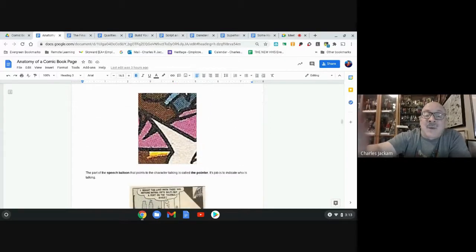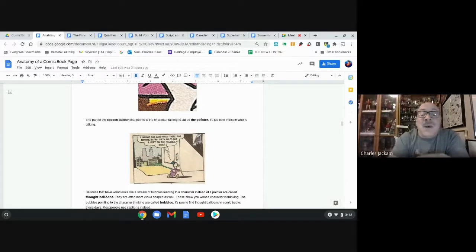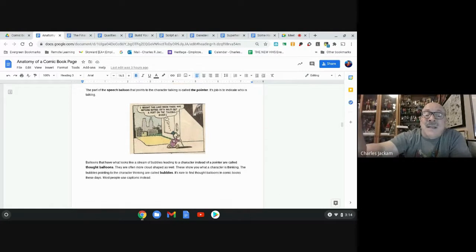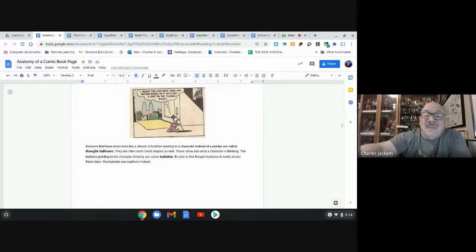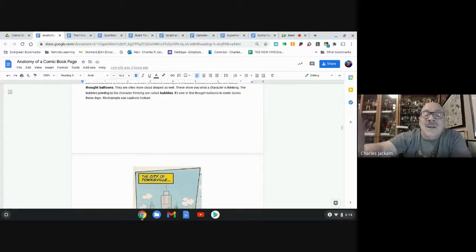There's also thought balloons. Sometimes characters are thinking to themselves, and so it's a more cloud-like shape and connected by a number of little thought bubbles. So it's a thought balloon connected by thought bubbles. Don't know why they started it.